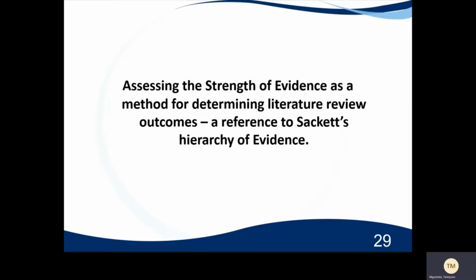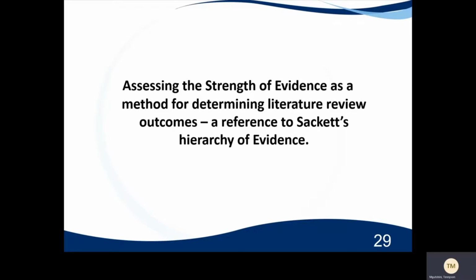Basically, there's an understanding that different types of evidence, collected in different ways, will have different levels of credibility. So evidence that is collected, say, by me talking to an expert on a bus would be less reliable than evidence that I would collect from a formal study.